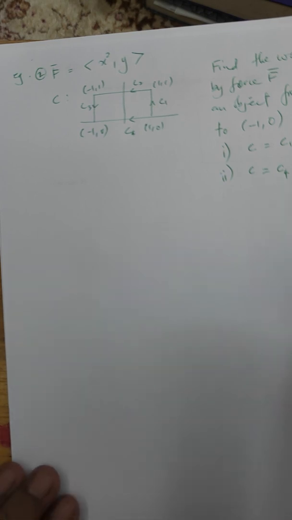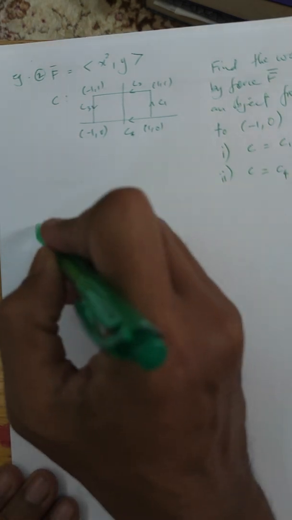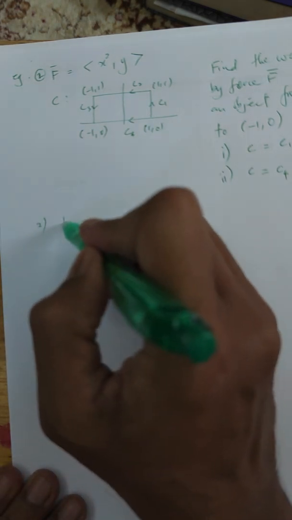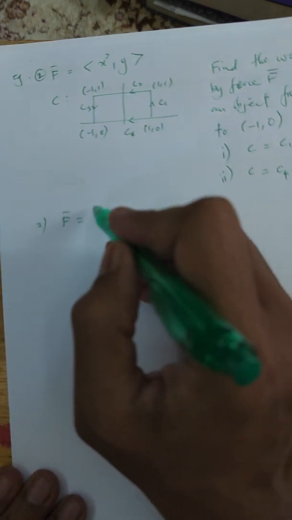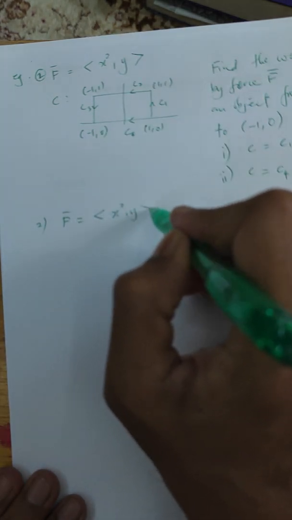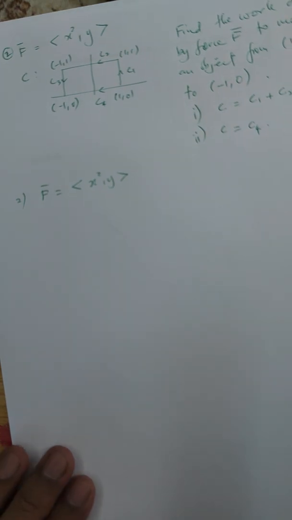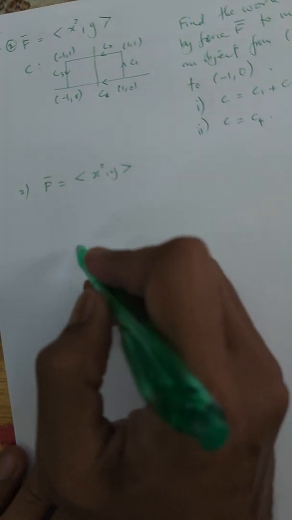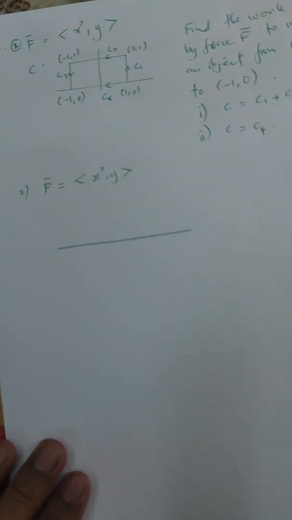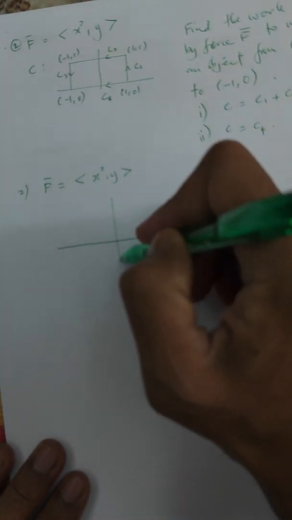Okay, and then number 2, I'm going to help you solve this. Let's say we have F given the same as above, x squared y. But our curve is given as this.